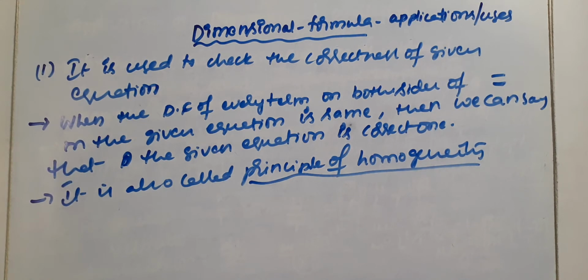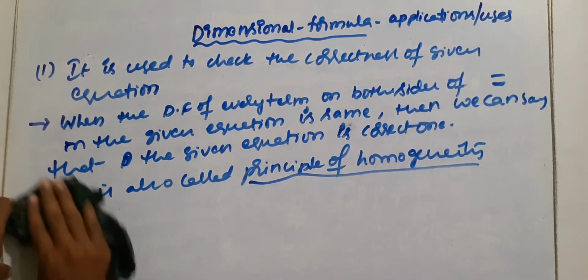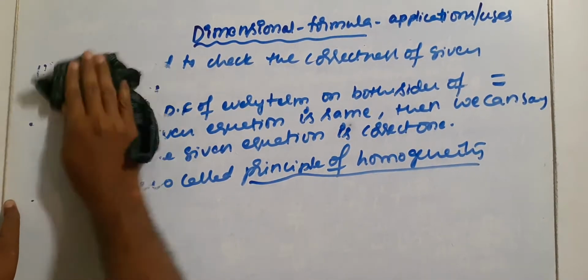The given equation will be correct when every term on both sides of the equal sign has the same dimensional formula. This is called the principle of homogeneity. Now, how can we verify this with two examples, students? So, verification of the principle of homogeneity. Now how can we verify it?